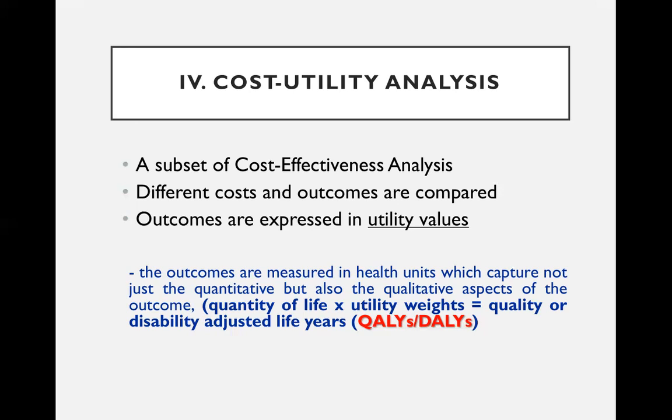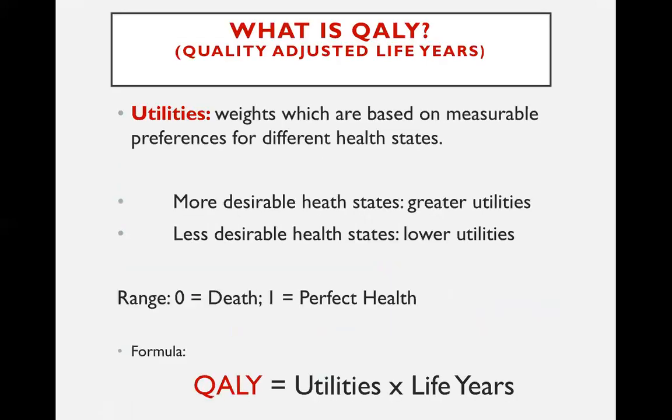So again, in cost utility analysis, you're placing utility values on quantitative values. So quantity of life is multiplied by utility weights, and that would result in your quality adjusted life years or disability adjusted life years. Let us expound more on quality adjusted life years.